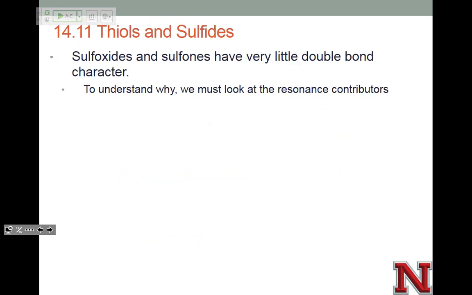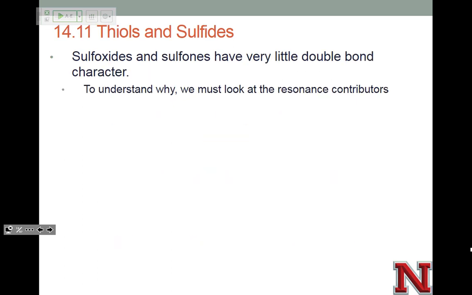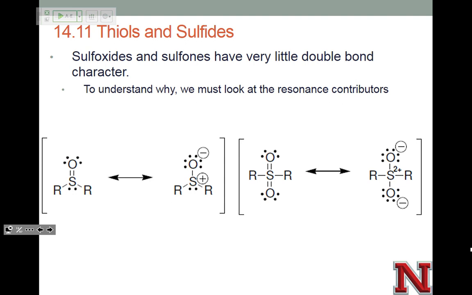Why is this typically used? Well, first, to understand these compounds, our sulfoxides and sulfones, even though we drew them with double bonds here, they actually don't have a lot of double bond character based on the resonance contributors. So here are 2 compounds, our sulfoxide and our sulfone. We typically draw them this way, but our most stable resonance contributor is actually the one with the charges.